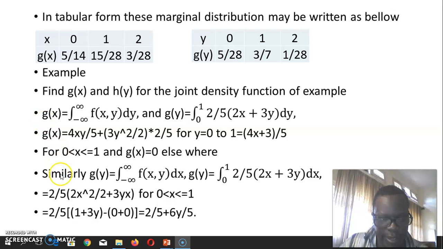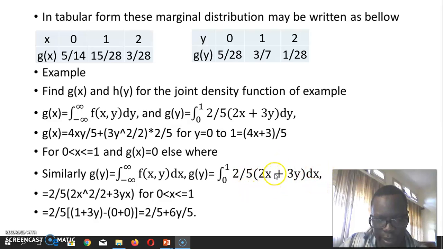The marginal distribution of y, which is g of y, is also given by the integral of the joint distribution with respect to x. So the marginal distribution of y is equal to the integral between 0 and 1. Remember, our joint distribution function was 2 out of 5 into 2x plus 3y.